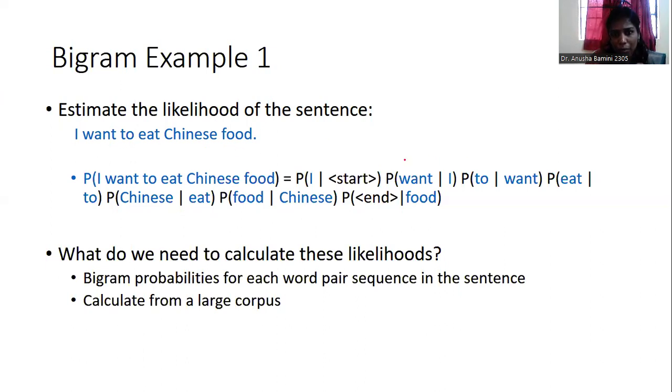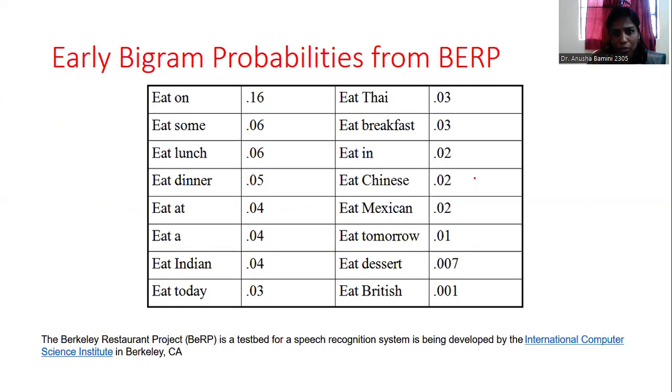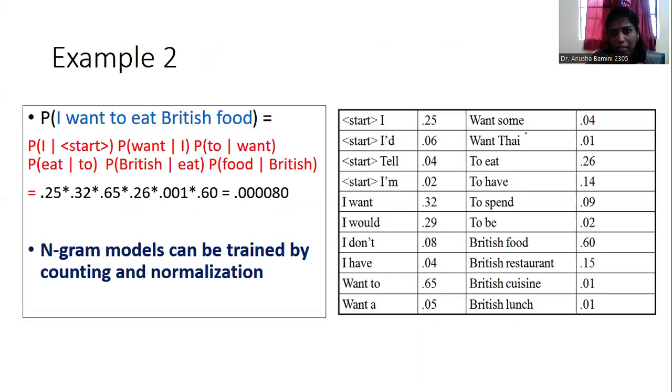Sometimes the probabilities would be given to you in a table like this. The only thing is you have to know how to write the equation, how to write the probability statements. If you know how to write the probability statement, you can easily get the values from this table and calculate and find the final answer.